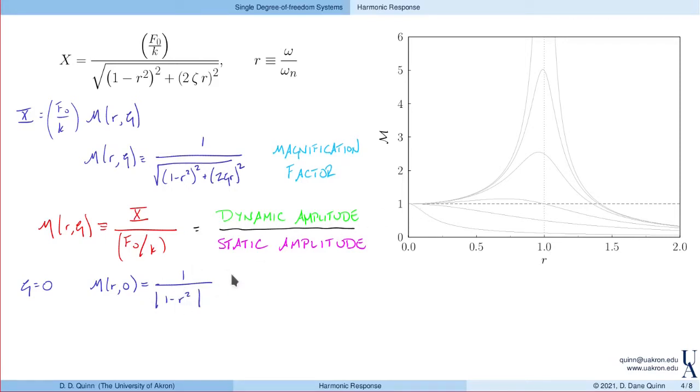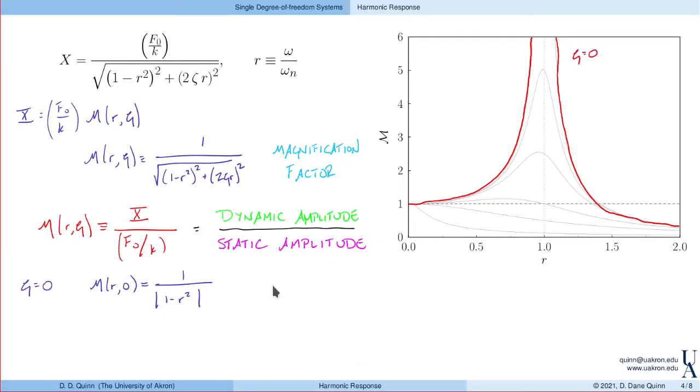So if I plot this function, and here we're plotting the magnification factor as a function of r, and r equals 1, again, that's actually when the dynamic and static amplitudes are the same, is where things start off. And essentially, we get a picture that looks like this. That's going to be in red. Again, zeta is equal to 0.